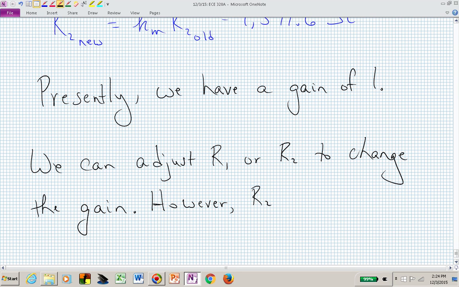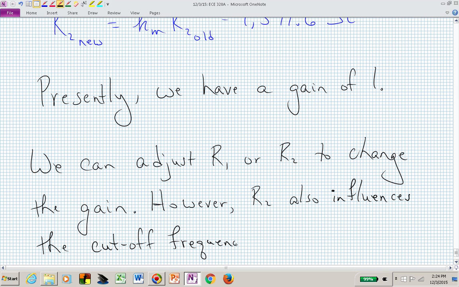R sub 2 influences the cutoff frequency, or the time constant.